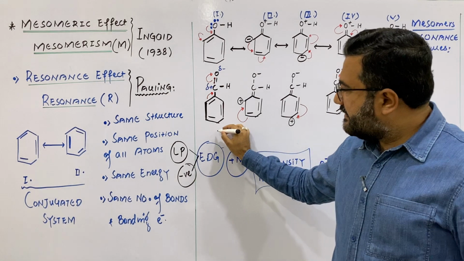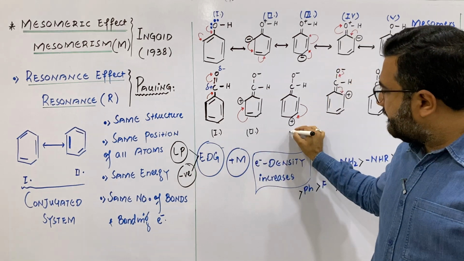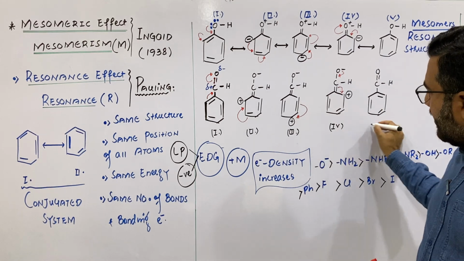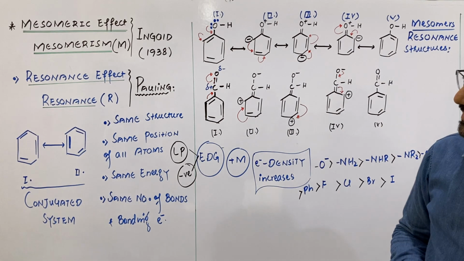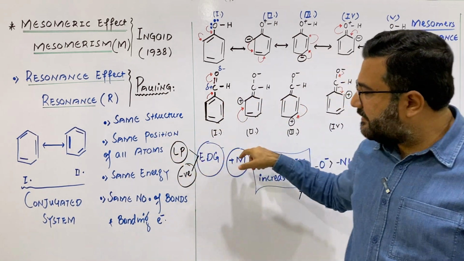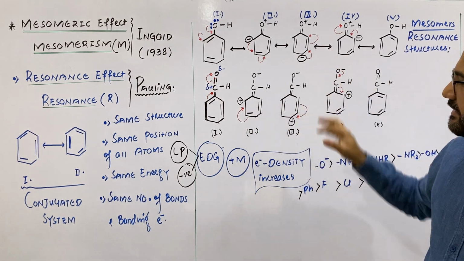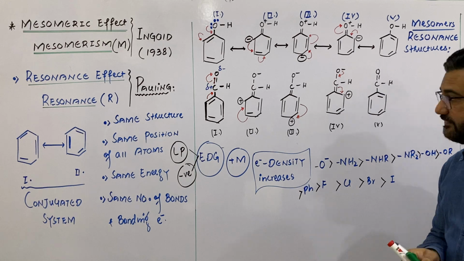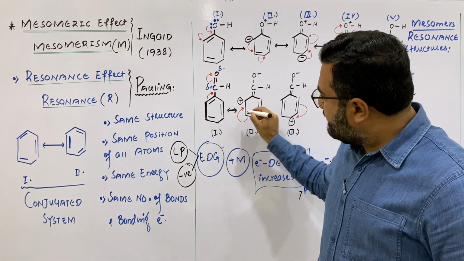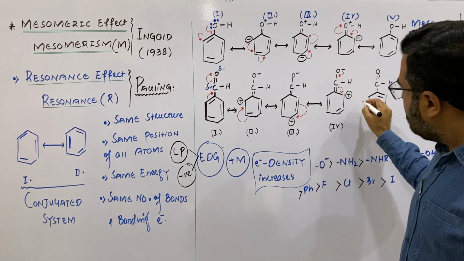Now these structures from 1 to 5 all have the properties of resonating structures: same shape, same position of all atoms, same energy, same total number of bonds and bonding electrons, but the bonding arrangement and the charge distribution is different.